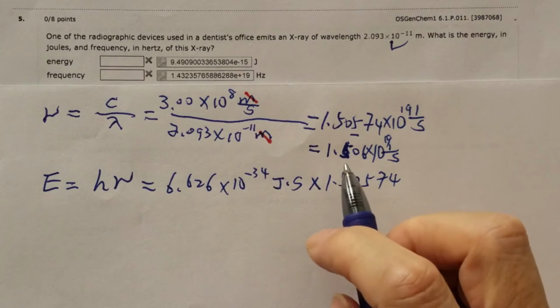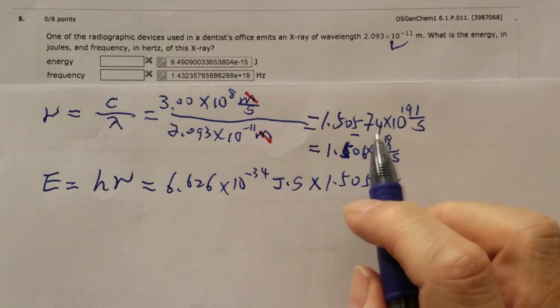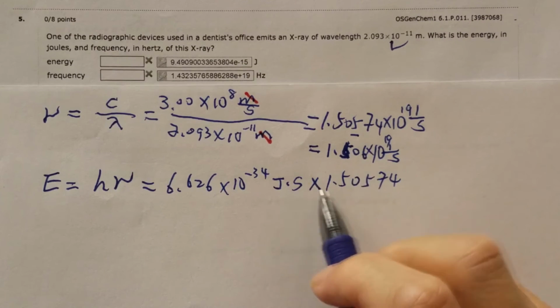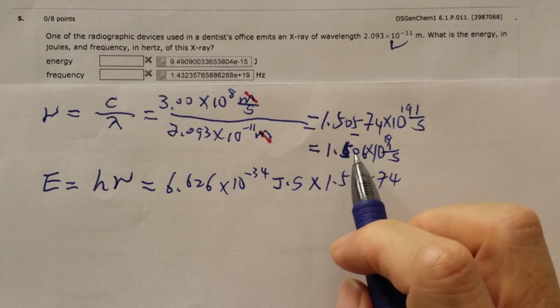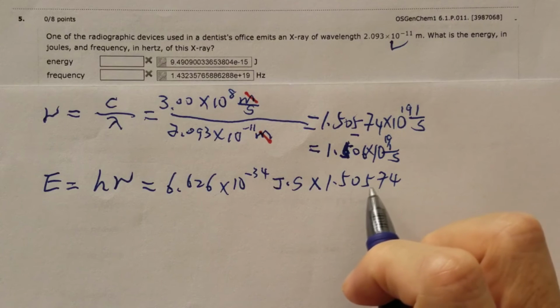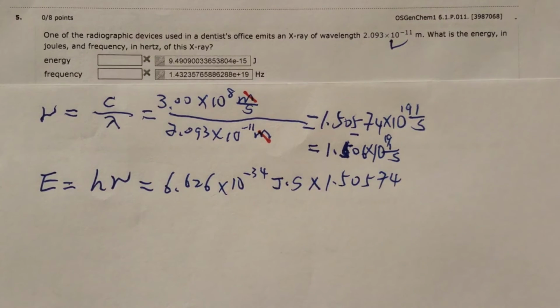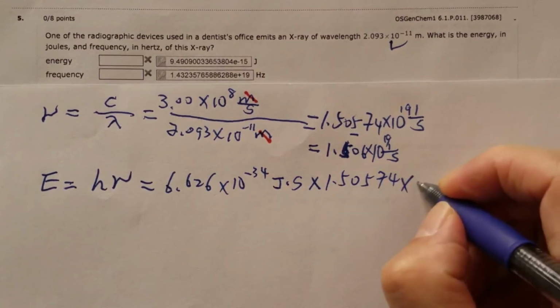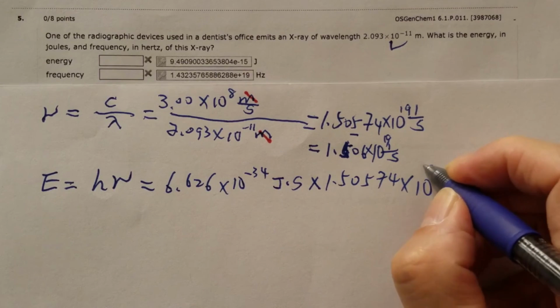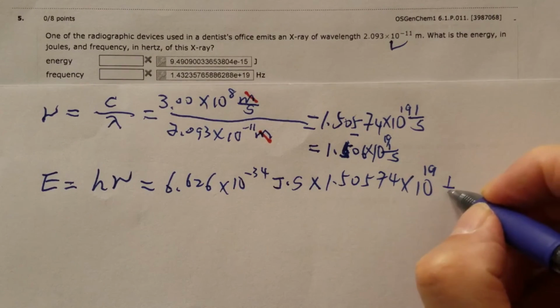Note that I didn't use 1.506, I used 1.50574, the original one, because in this step, this answer is not the final answer. It's only an intermediate answer, all right? So that's why I will not use the round up values. So that would give me better calculation accuracy. Times 10 to the positive 19. And again, that's 1 over s.